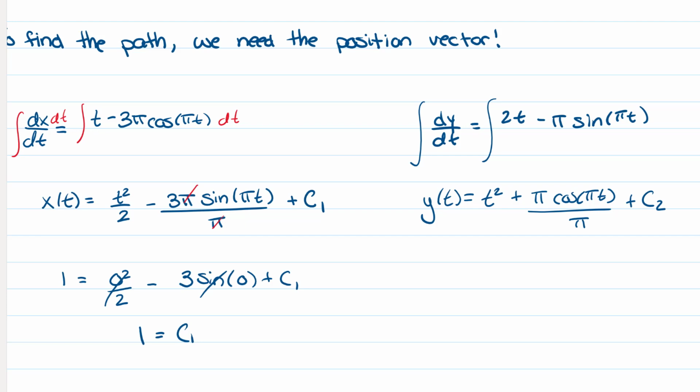Because I have the point (1, 5) at t equals 0, I can write 5 is equal to 0 squared plus, these π's cancel, cosine of 0 plus c2. So 5 is equal to 1 plus c2, so c2 is just 4.